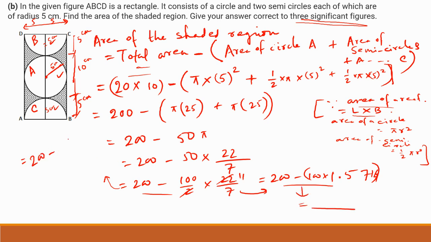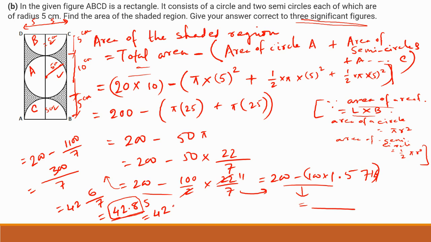But you can write 200 minus 1100 by 7. This gives us, if we do the calculation, 300 by 7, right? From here we get 42 6 by 7. Okay, so now you get like this 8 5. Since it's three significant figures, you have to only report to your teacher only these three numbers. It's not after the decimal, right? It's three significant figures. So you can write 42.9 centimeters square.